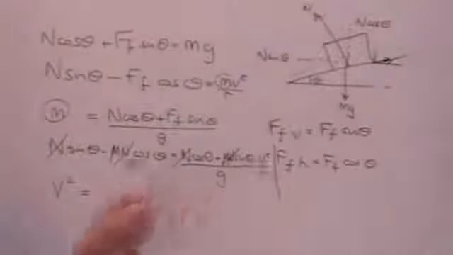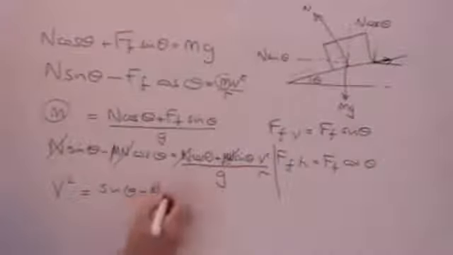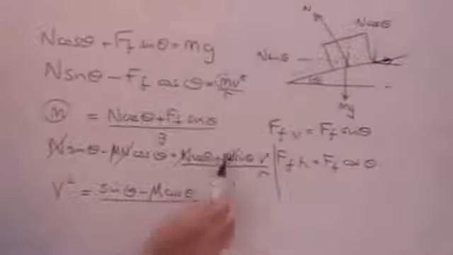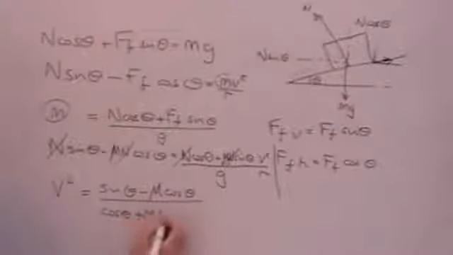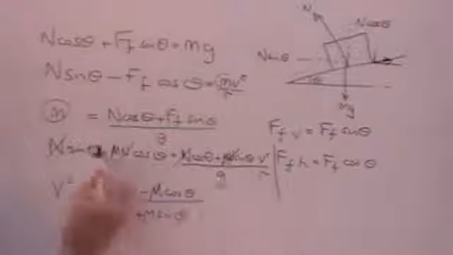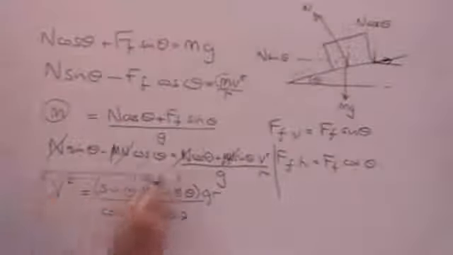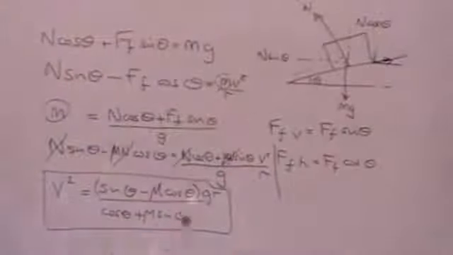This minimum velocity is going to be given by this term here, which is sine theta minus mu cos theta, divided by this term here, which is cosine theta plus mu sine theta, and then the g and the r have to come up here, so you get that term. And that now is the minimum velocity as you travel around that bank. Any slower and the car will simply slide down the bank.